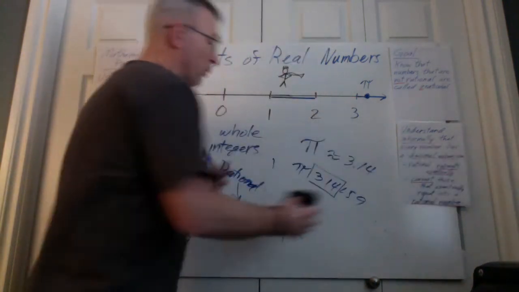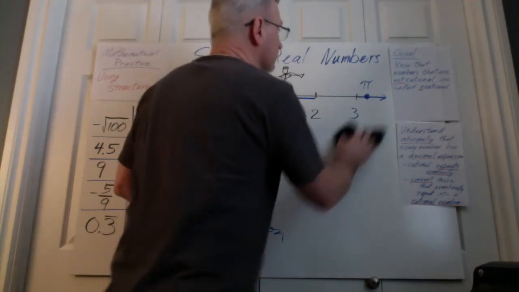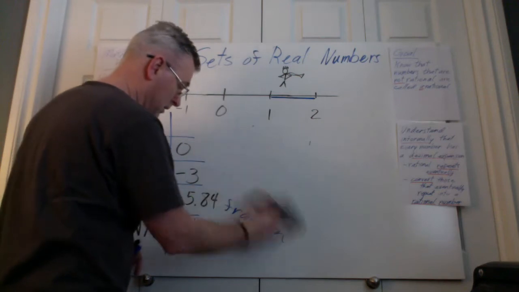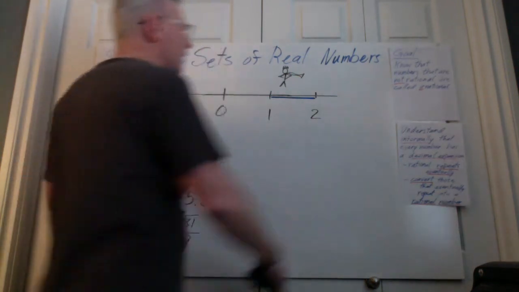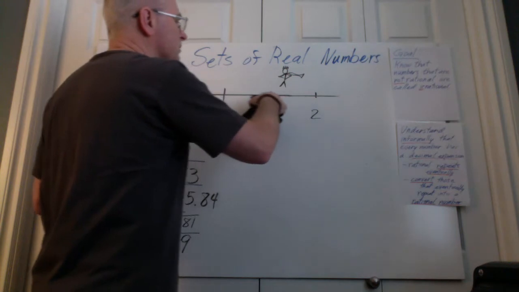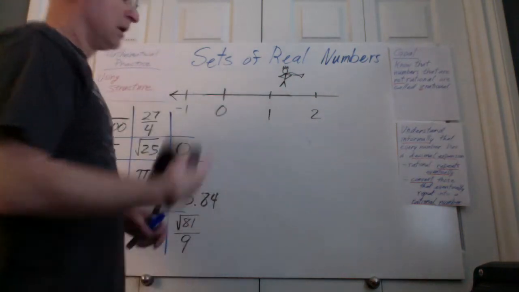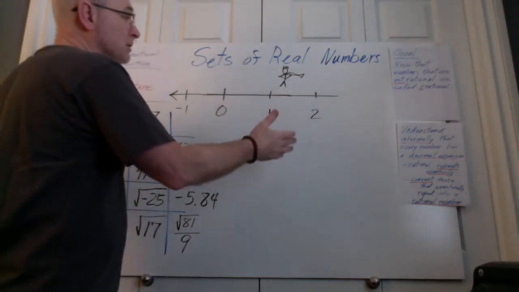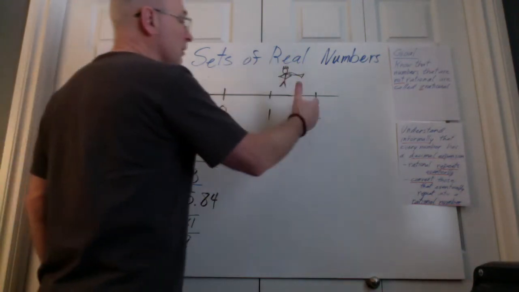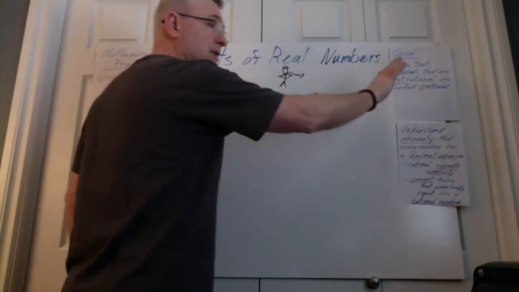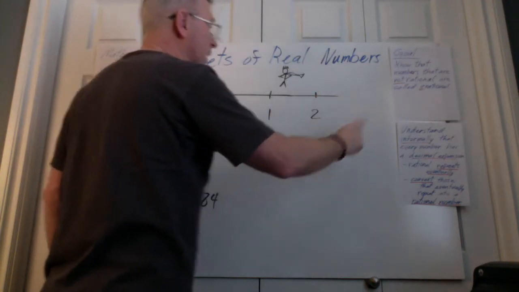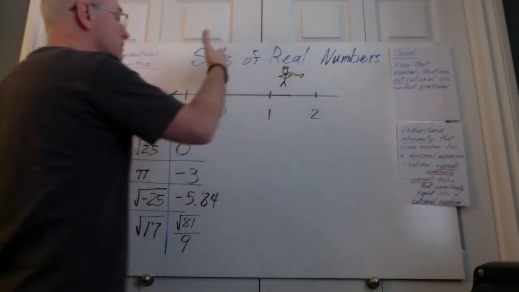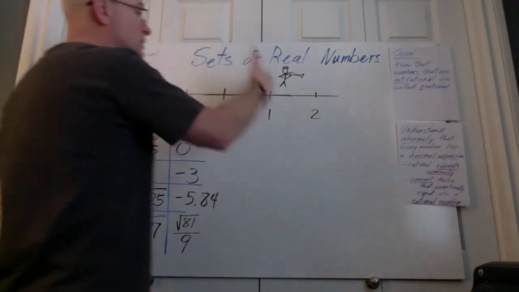Okay? So what we're going to do is a little exercise here. We're going to take these ideas, and keep in mind when we were talking about domain, the whole numbers were limited to the right side of the 0. The integers were both sides of the 0 and the 0, so the domain of those numbers was just on the little tick marks that we put.